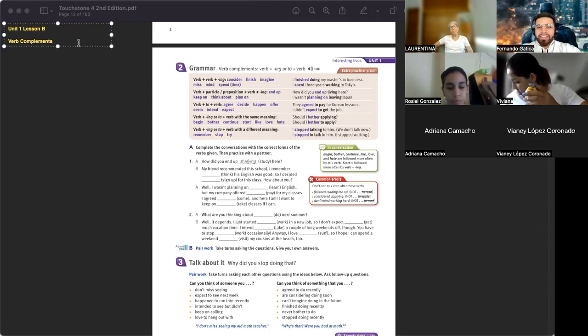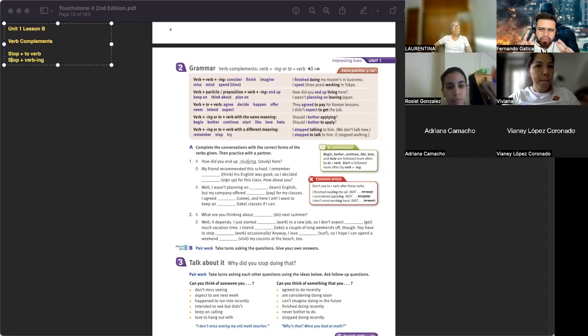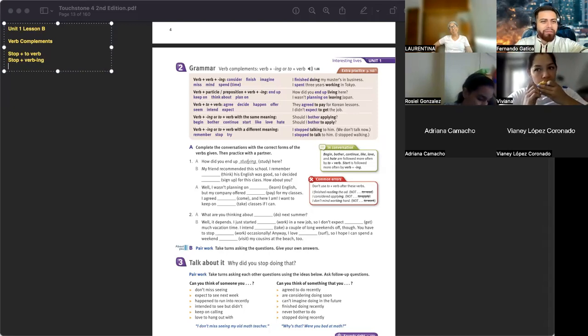All right, verb complements. The first one, you need to know the difference between stop to verb and stop verb ing. Does anybody remember the difference between those two? Stop to verb, stop verb ing? No? All right. Well, that's why we're reviewing today.